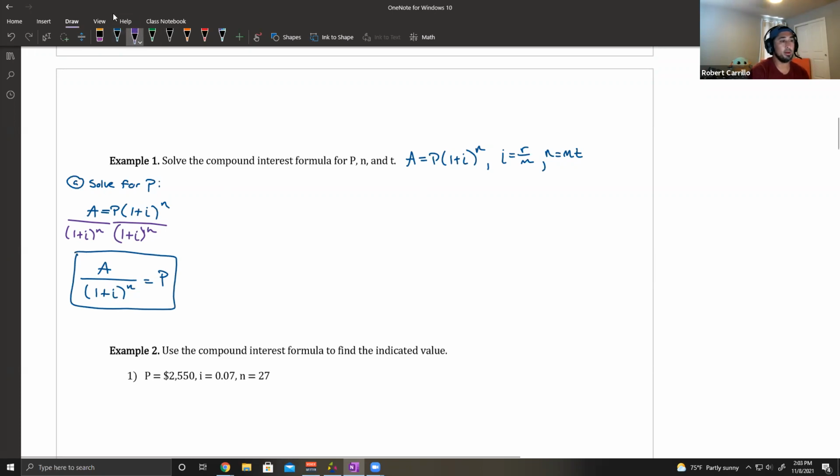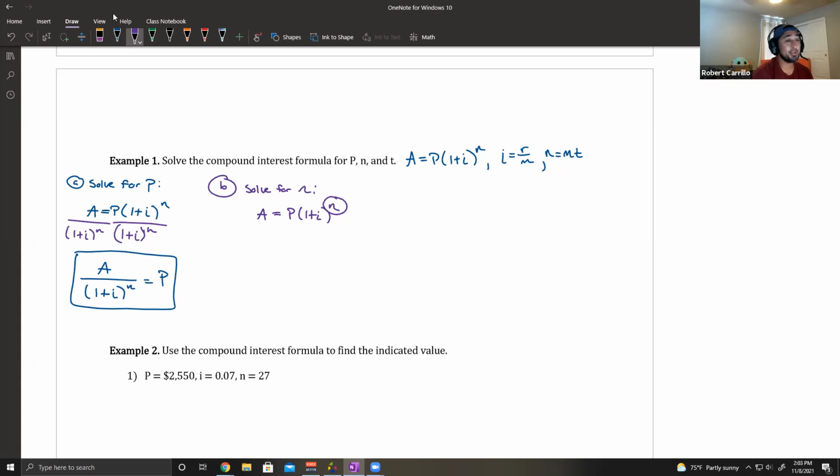Okay. And then B, let's go ahead and solve for N. Okay, so using the same formula, A equals P times (1 plus I) to the N. Our goal is to solve for this N. This means we have to figure out how do we take that N and bring it down.